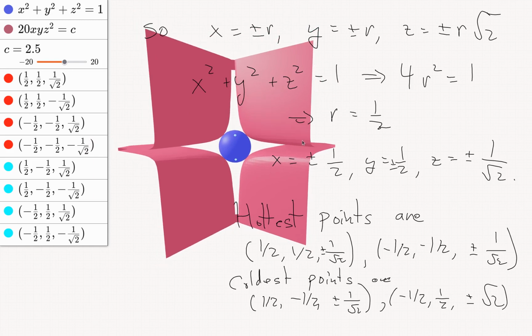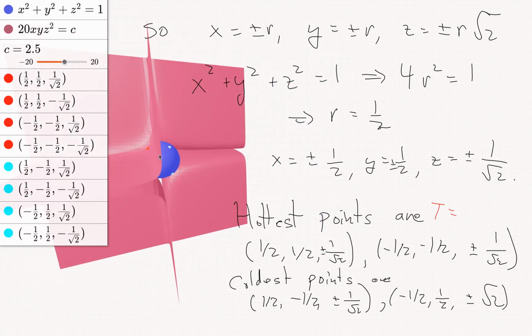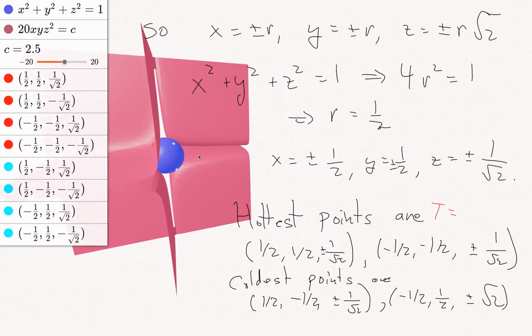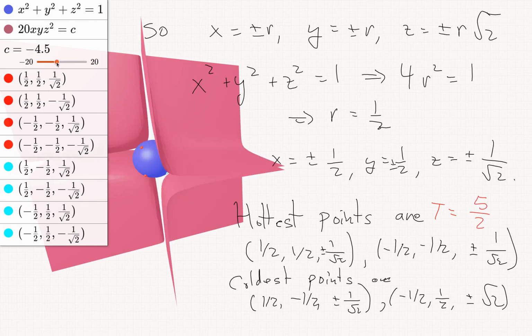The temperature here being, so T is 20 over 8, so 5 over 2, and the coldest points are T equals negative 5 over 2 degrees Celsius.